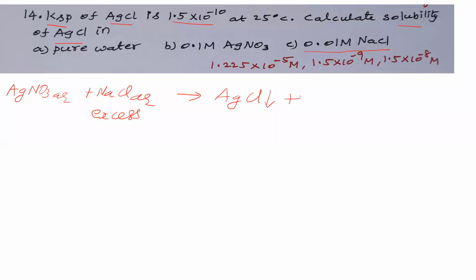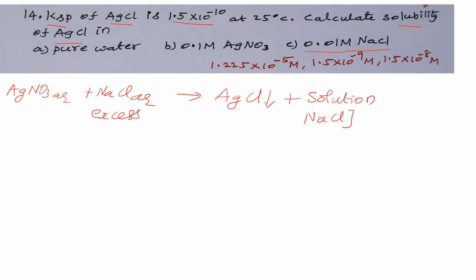Above this white precipitate, silver chloride, solution will be there. In the solution, what is present? Excess sodium chloride is present.